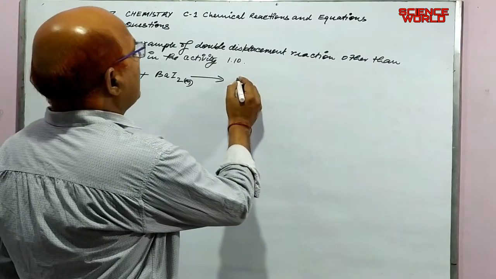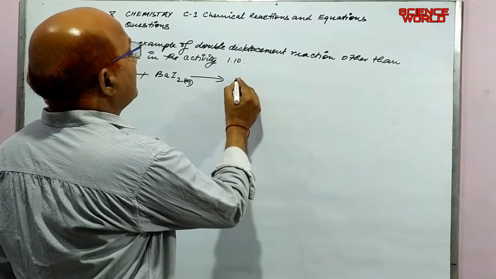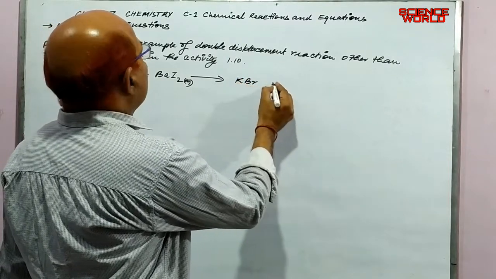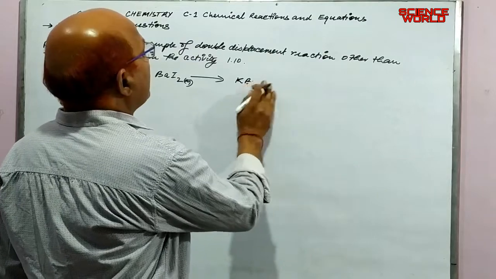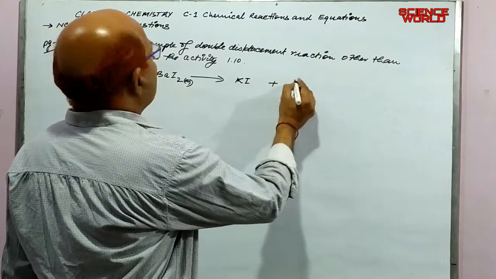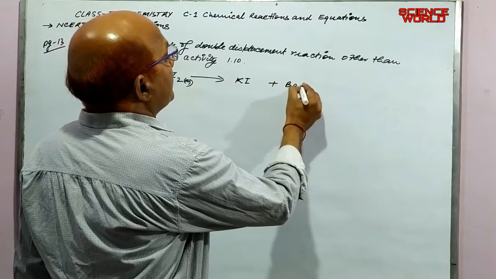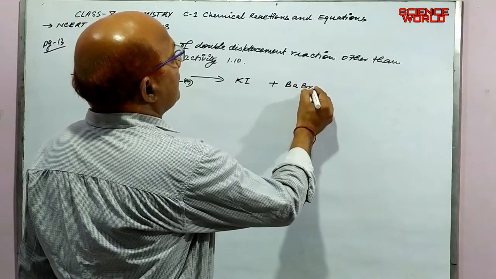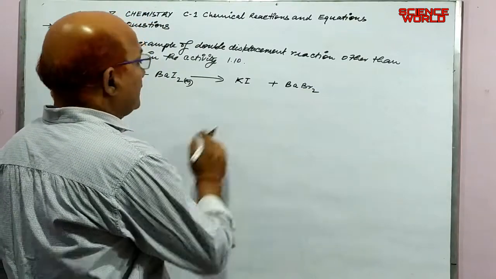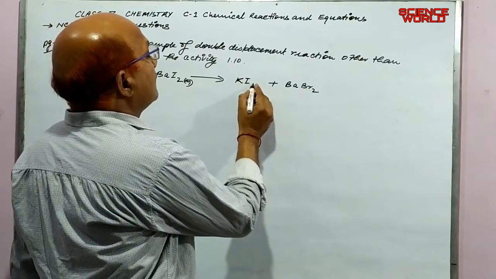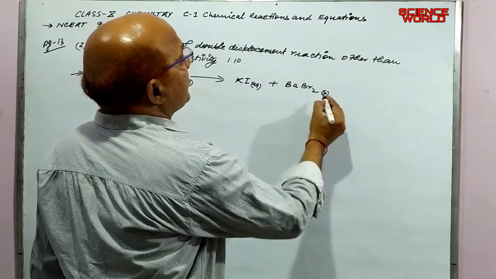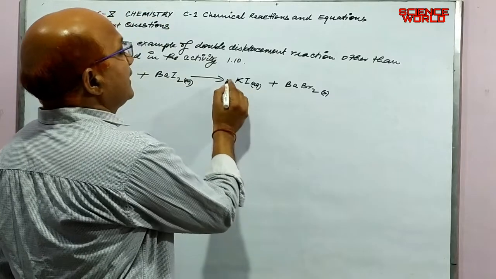So, as products, potassium iodide plus barium bromide. It is aqueous and it is a precipitate. So, it is in solid state.